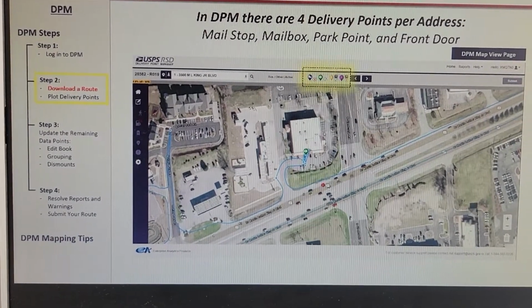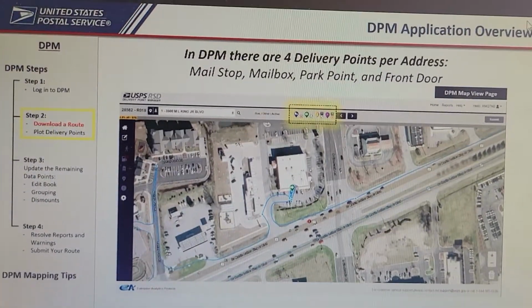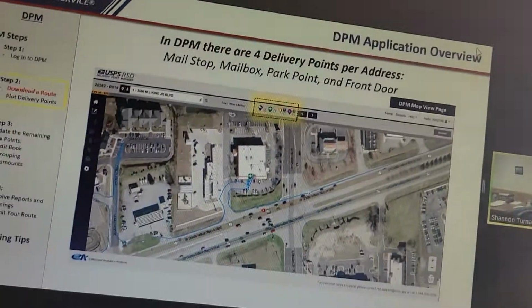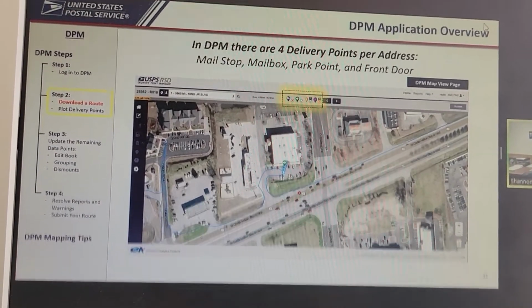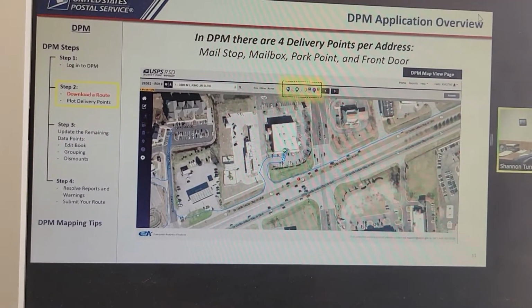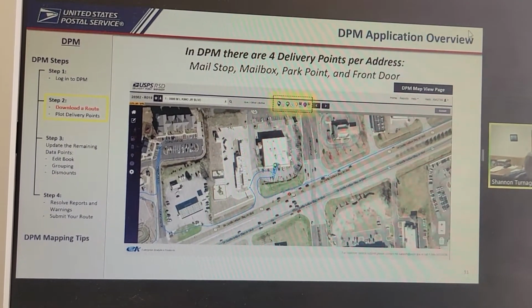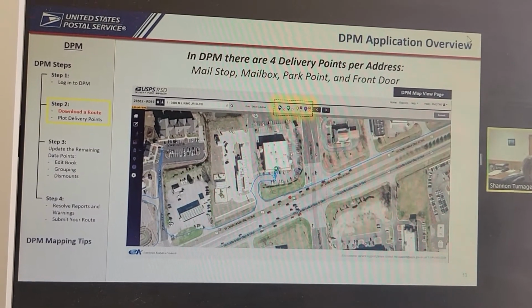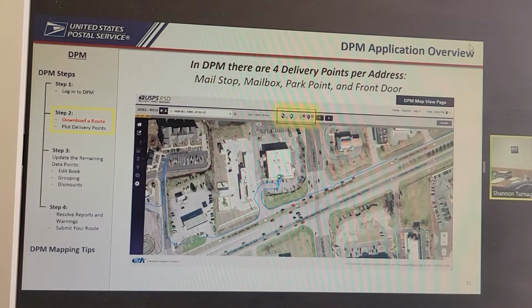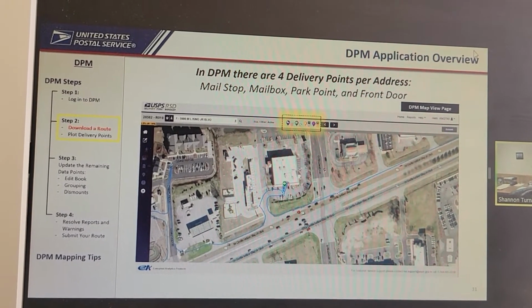I'm getting emails and calls, and again, it's just something simple that you're missing that you didn't complete. You see 100%, I've got all my points plotted. Well, there's still more work to do even after that. So that is the steps you have to go through. Follow that mapping checklist, ensure that you did everything, and then that submit button will highlight and allow you to submit the route when you get to the end of the process.